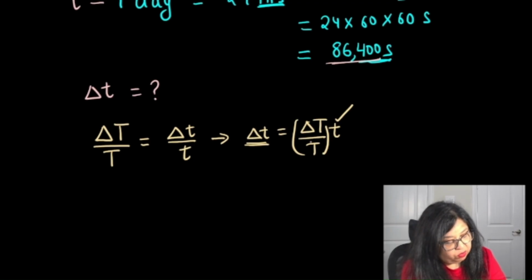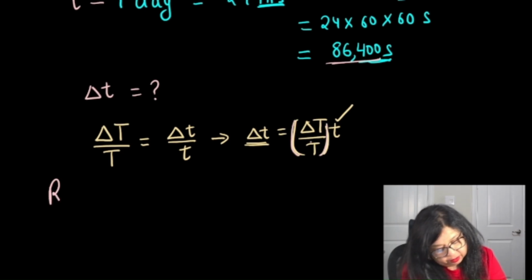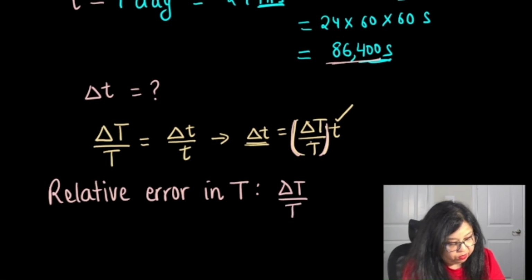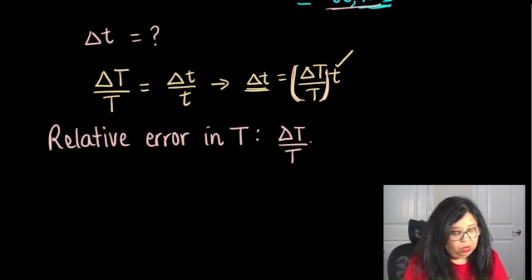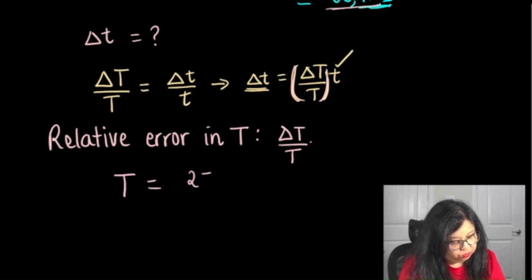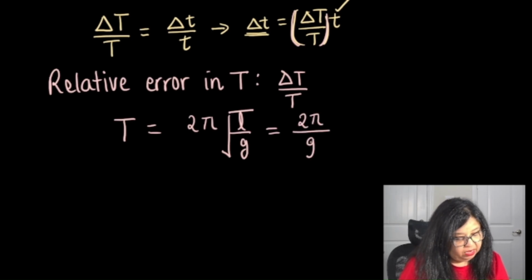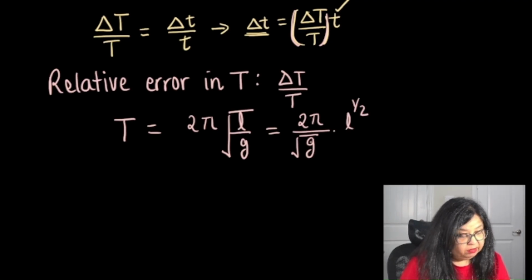So let's see how we can solve for the relative error in the time period. Relative error in time period T is delta uppercase T over uppercase T. We do know that T, the time period, equals 2 pi times square root of L over G, correct? Which I can write as 2 pi divided by square root of G times square root of L, and square root of L is L to the power 1/2, correct?